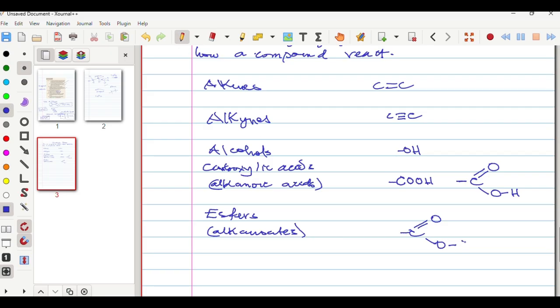So it can be CH3, it can be C2H5, it can be C3H7, whatever. So instead of putting that, they will put R here and then they put another R here.